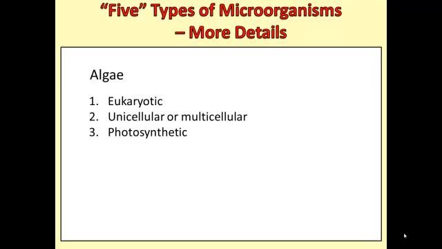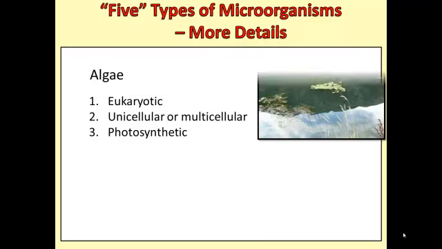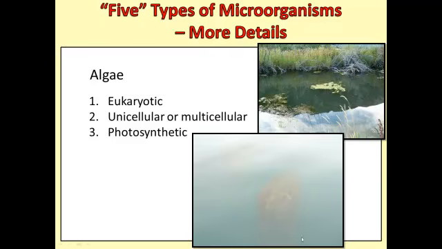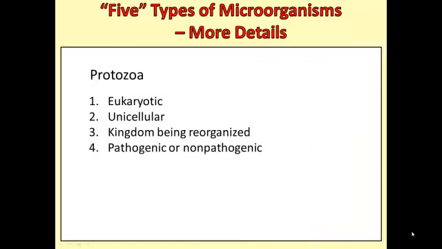Algae are photosynthetic eukaryotes. In other words, they have a nucleus and they take the light from the sun and convert it into sugars. They can be either unicellular, like the pond scum in this picture here, or they can be kelp or other kinds of seaweed. If you look closely here, you can see some bull kelp.